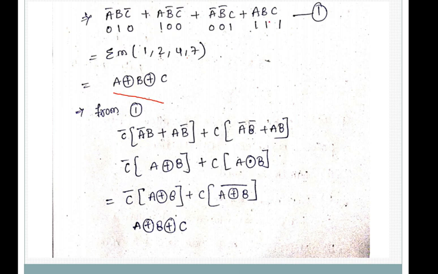In the last 2 terms C is common, that is A bar B bar plus A B. Here A bar B plus A B bar indicates A exclusive OR B, and A bar B bar plus A B indicates A exclusive NOR B, which is A XOR B whole bar. By solving this equation, you get A exclusive OR B exclusive OR C.